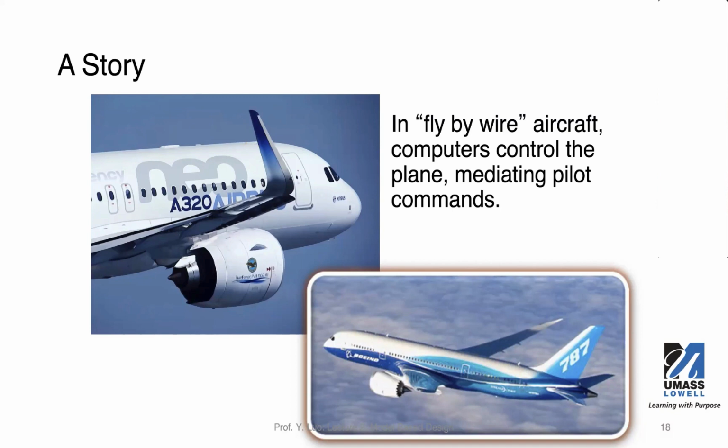So any instructions from the pilot, through flipping the switches or turning the knobs, will be sent to the main controller of the aircraft. The main controller of the aircraft will get these control signals and then change those control signals to actual movement commands to these mechanical or hydraulic machines.